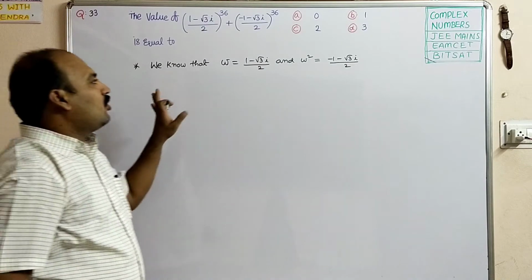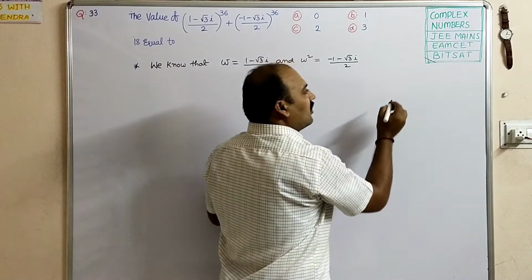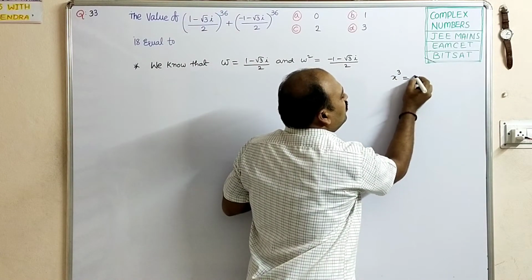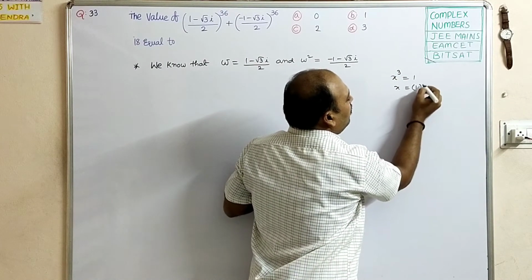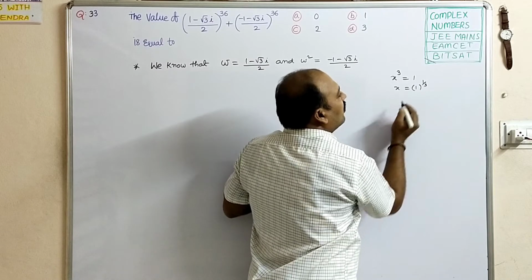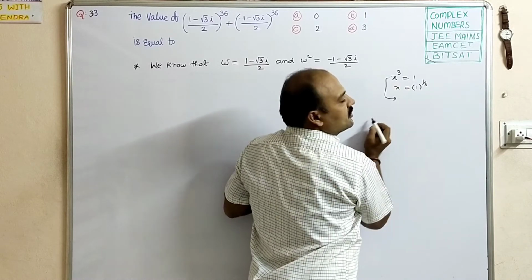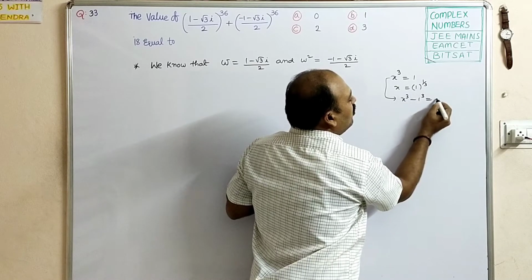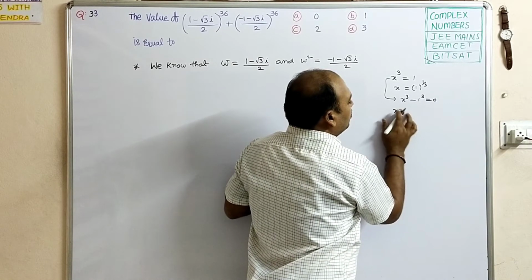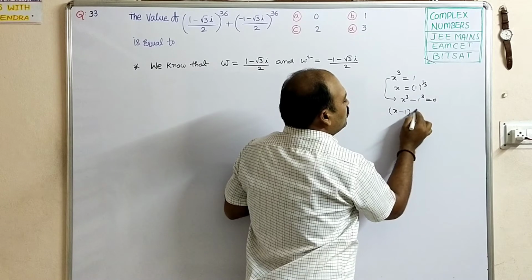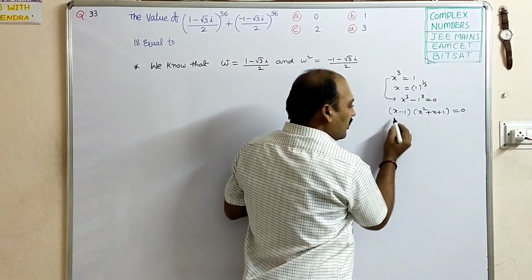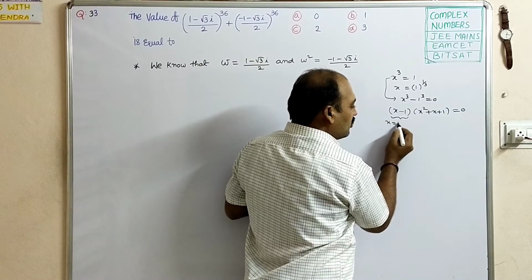Why? Because omega and omega square are the cube roots of unity. So how are we writing like this? x cube is equal to 1 means x is equal to 1 power 1 by 3. And from here again we can write x cube minus 1 as x cube minus 1 cube equal to 0. This can be written as x minus 1 into x square plus x plus 1 equal to 0. x minus 1 equal to 0 means x is equal to 1, one factor.